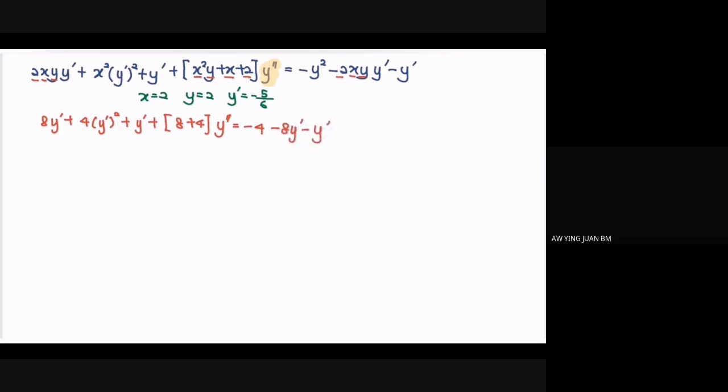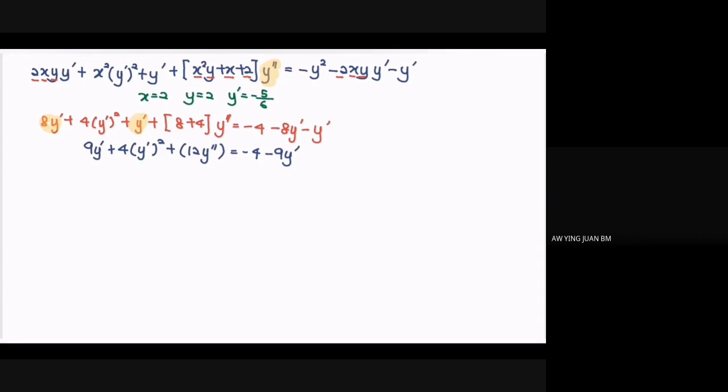Simplify the situation: 8y prime plus this y prime gives 9y prime, plus 4(y prime squared), plus 12y double prime equals negative 4 minus 9y prime. So simplify the situation.